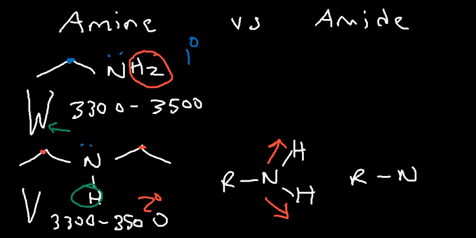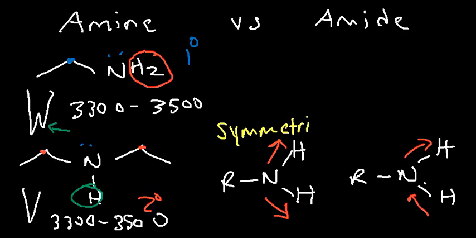And there's another one called an asymmetric stretch, where one bond is pulled outward away from the nitrogen and the other one is pulled inward towards it. So this is a symmetric stretch, and this is an asymmetric stretch.